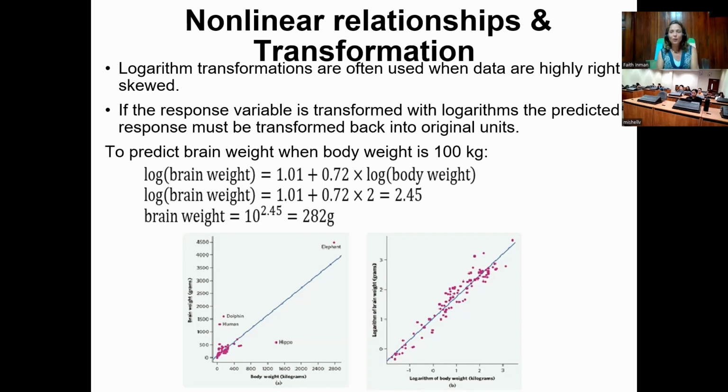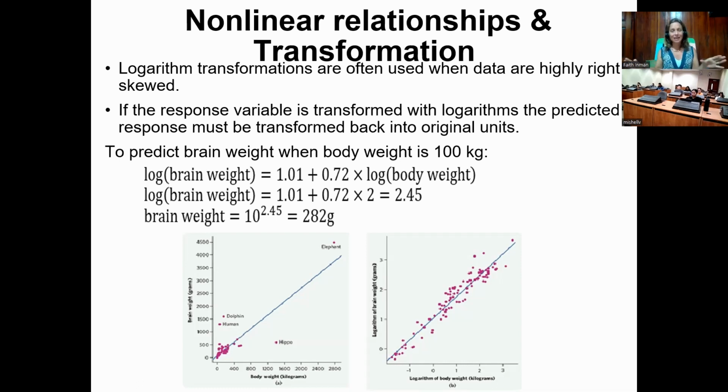Now, remember that when you want to make predictions using your regression equation and you've transformed the variables, you have to back transform to get your predicted y in the same original units. Otherwise, it won't really make much sense.